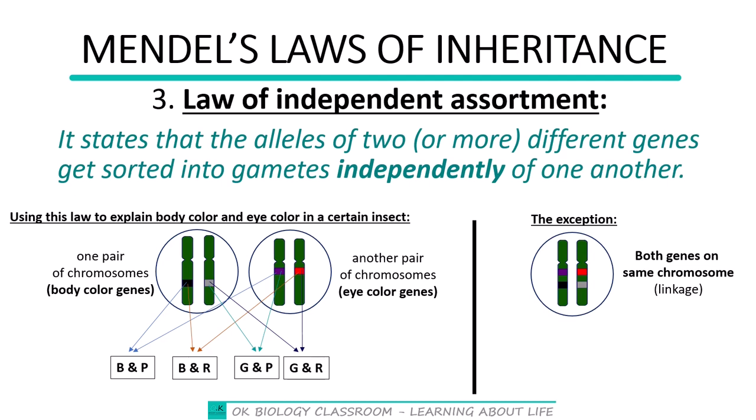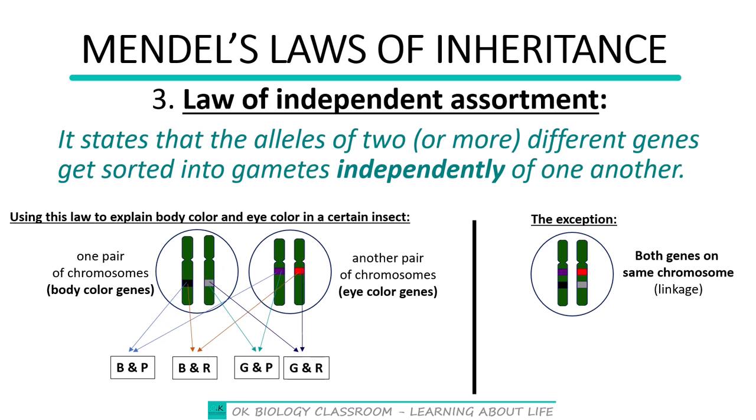In this insect, the interesting thing is that the chromosome on which the black body color gene is found is the same chromosome on which the purple eye color gene is found. And similarly, the chromosome on which the gray body gene is found is the same chromosome on which the red eye color gene is also found.